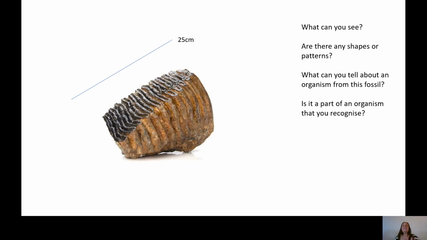Okay, you might not find the entire fossilized skeleton of an animal. Okay, so could this be a part of an animal or a plant that you might recognize? So I'm going to give you 20 seconds just to have a little think about what you are looking at and whether you can see any shapes, patterns, and what can you tell from this fossil.